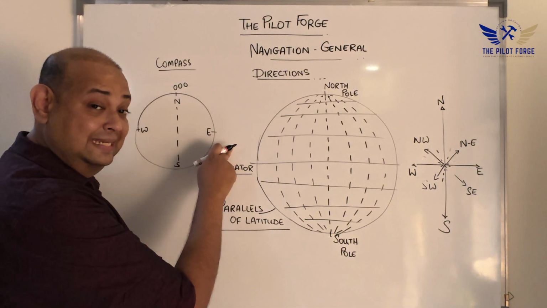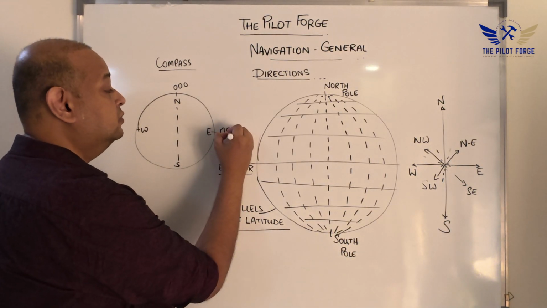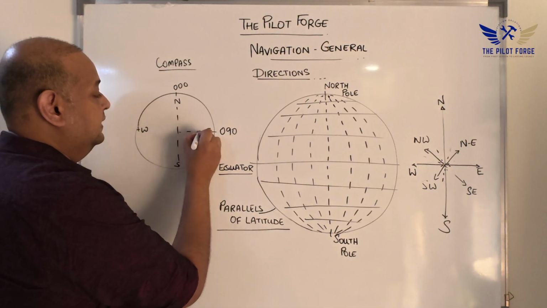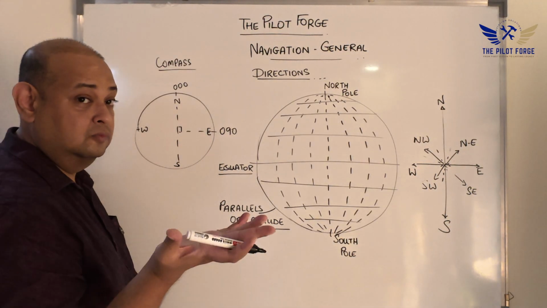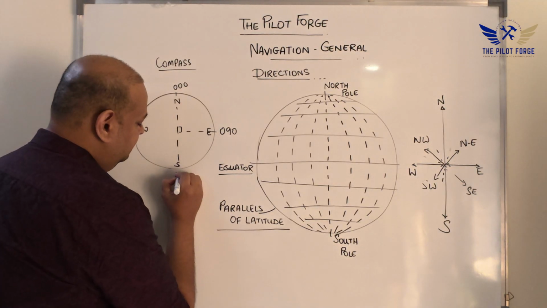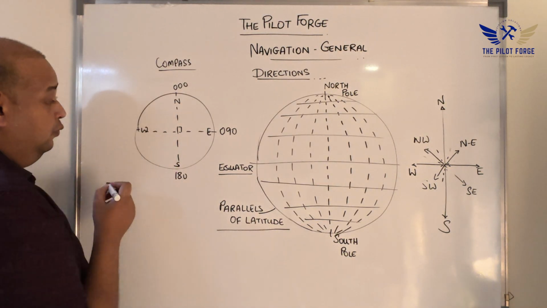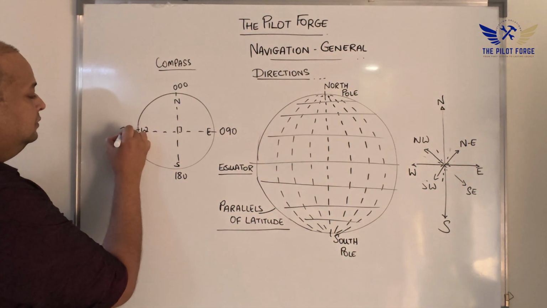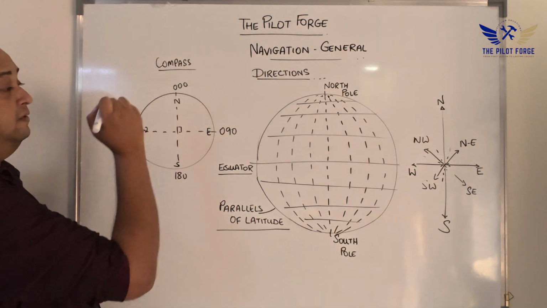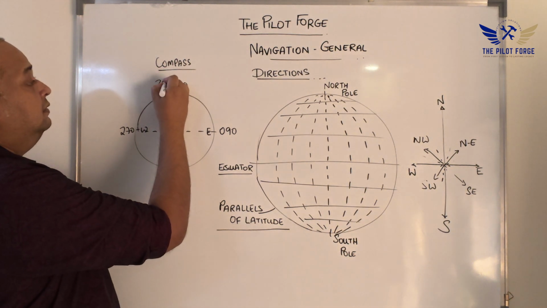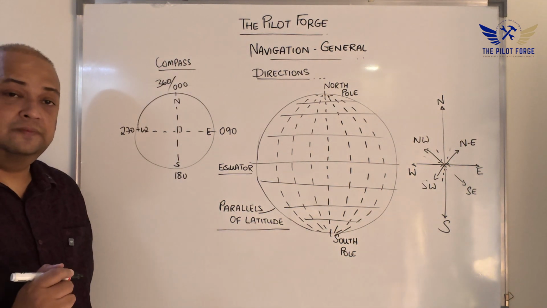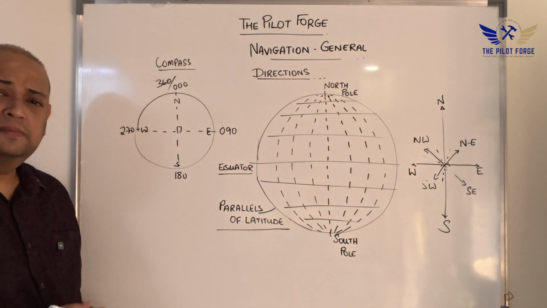We then go towards east, which is measured as 090. You can see the angle here. So in that case, what would south be? 180. And therefore, west is 270. And then we come back to north, which is either 360 or 000. Now, does that not make life a little bit easier?